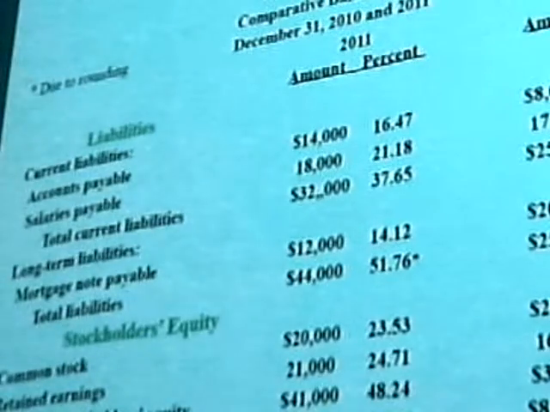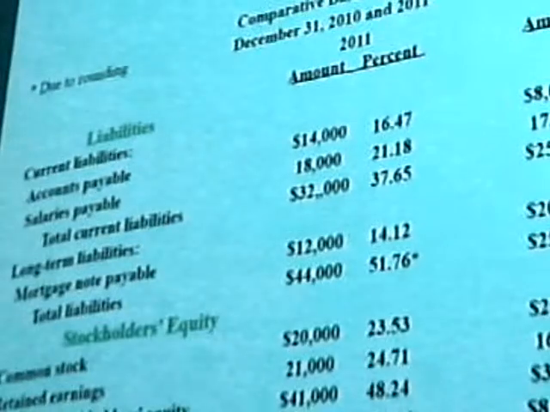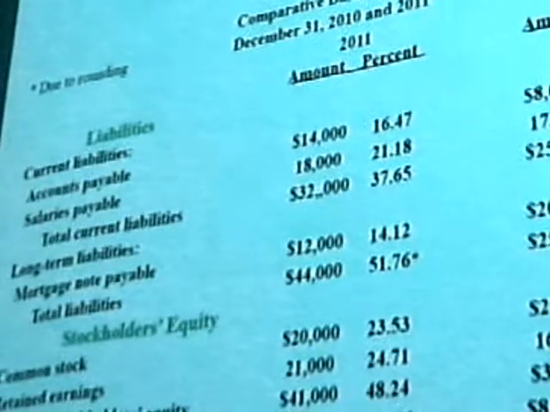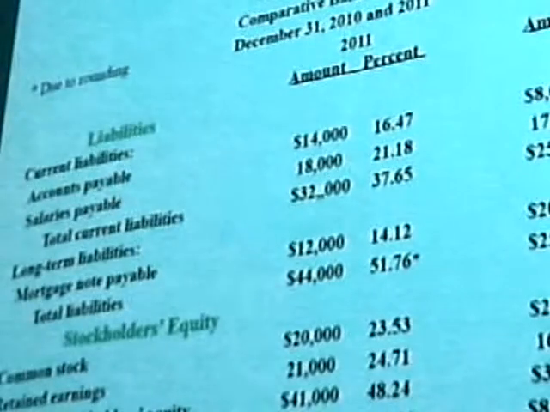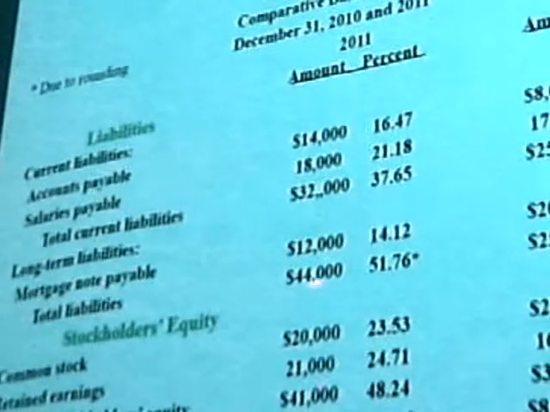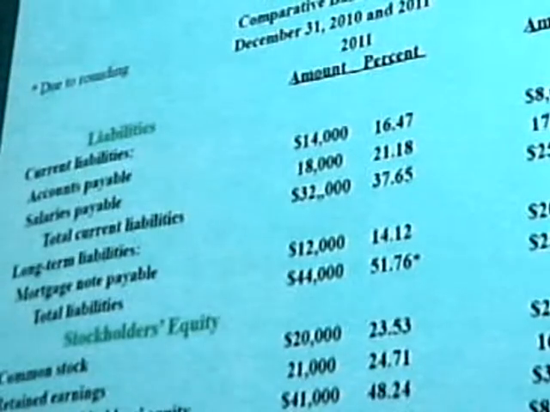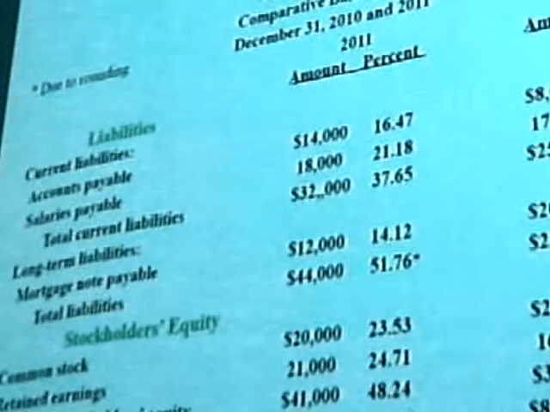Same thing all the way down. You can make it faster by dropping the zeros, because these just so happen to all end in zeros. Now in your problems, I don't know if that's always going to be the case.